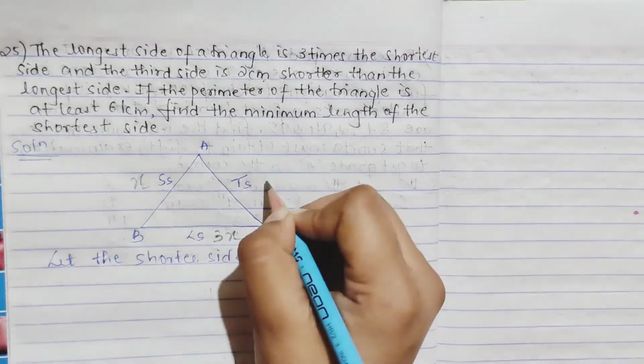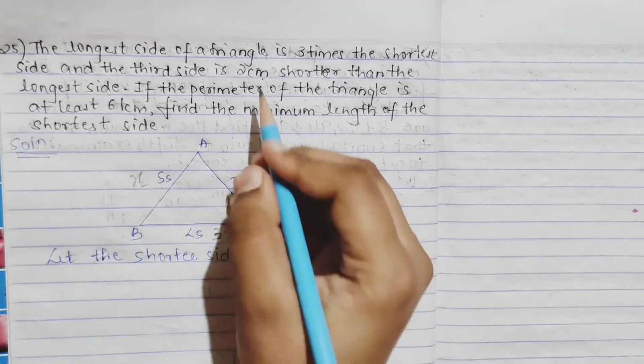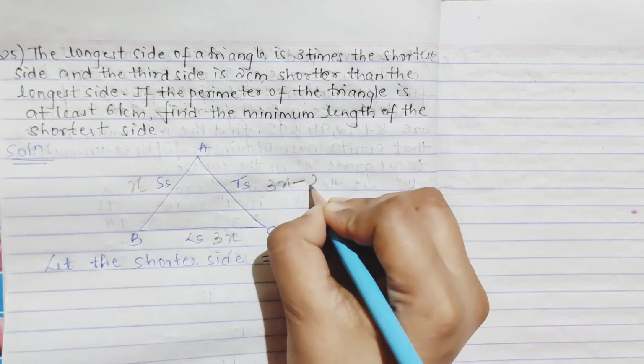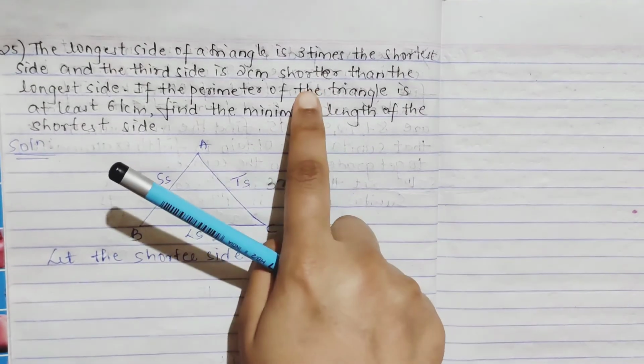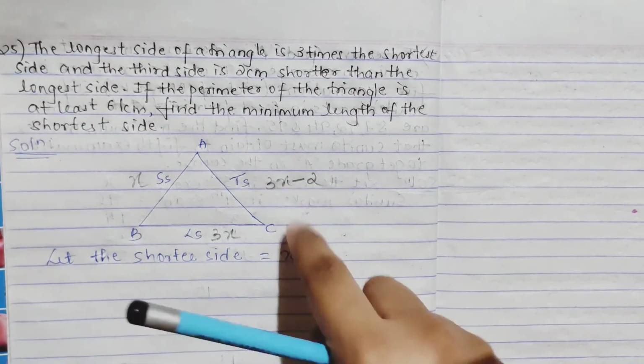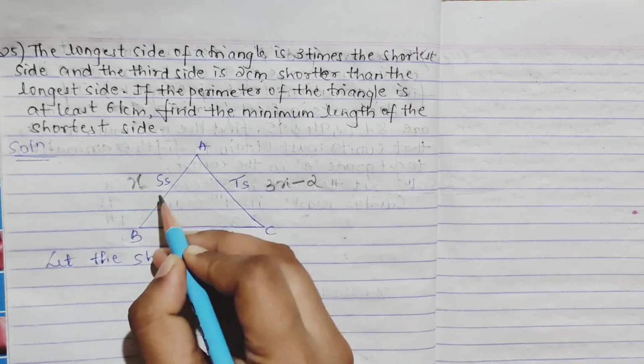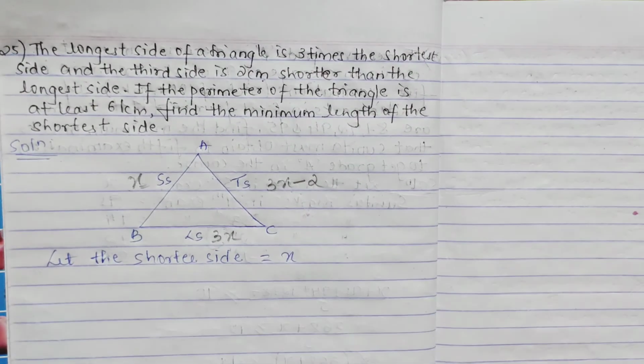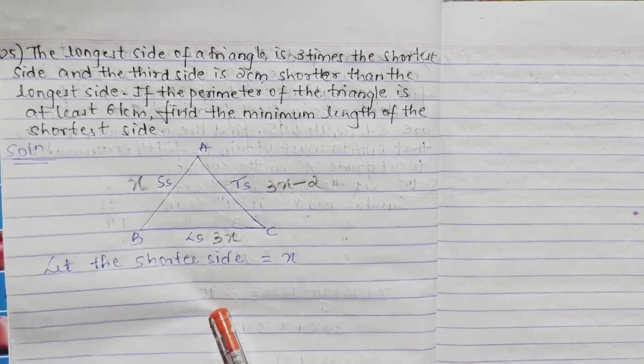The longer side is 3x, and shorter means subtracting, so it is 3x minus 2, understood? If it was greater, it would be 3x plus 2. So the shorter side is x, the longer side is 3x, and the third side is 3x minus 2. Write the same in the sentence.